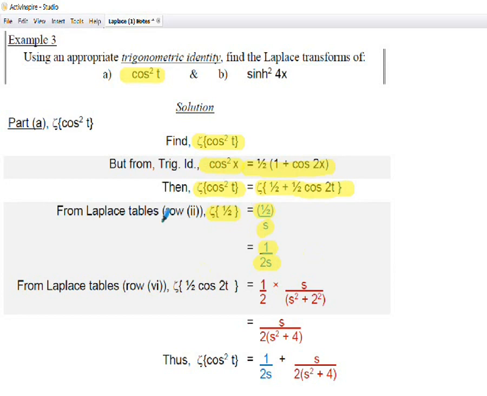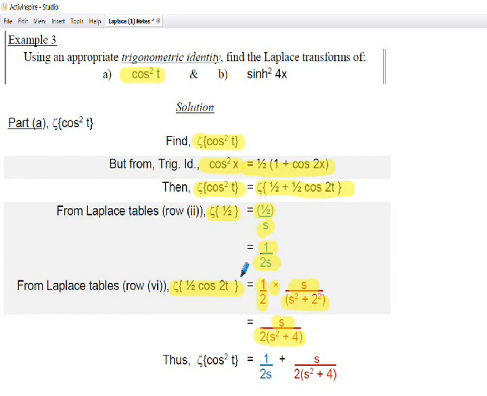And if we look at the Laplace of a half cos 2t function, again, that's in the tables, that's actually written as s over s squared plus a squared in the table, so in this case it'll be a half times s over s squared plus 2 squared, where the a is 2 in this particular case. If we just simplify that, that becomes s over 2 s squared plus 4. So we can write our Laplace of a half cos 2t as s over 2 open bracket s squared plus 4.